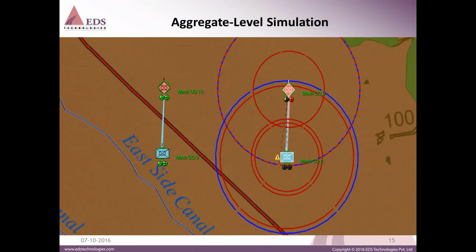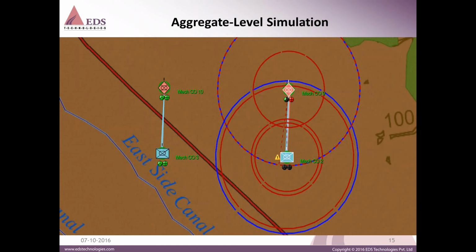But what if I have a company, brigade, or division level of units? They move as whole units, not as single entities. It's not like you go there, you go there. They move as a whole unit, and they get commands from the commander or a staff trainer.